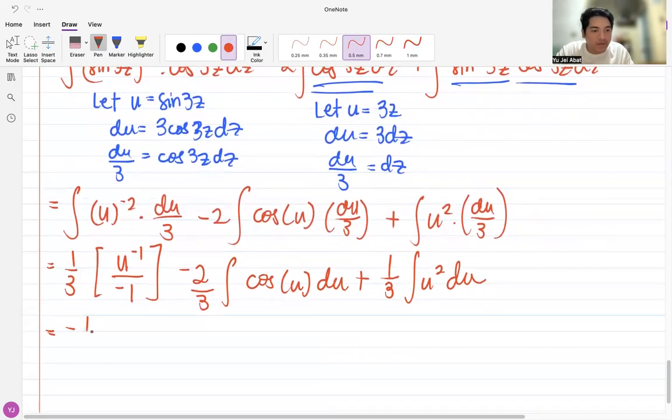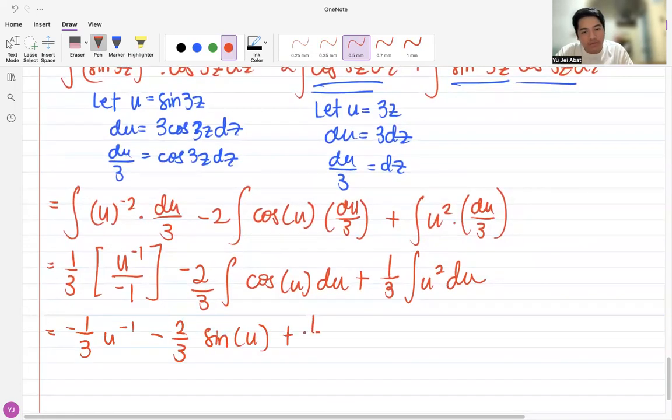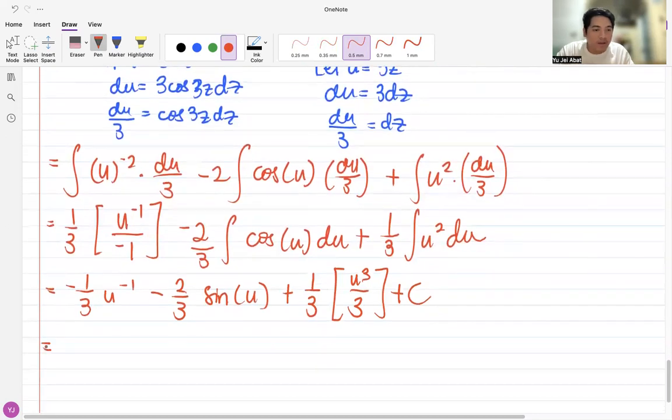So this becomes -1/3 u raised to -1. And the integral of cosine is simply positive sine. So that would be -2/3 sine of u plus we have 1/3 u raised to 3 all over 3 plus c. So simplify. You have -1/3. What is our u here?